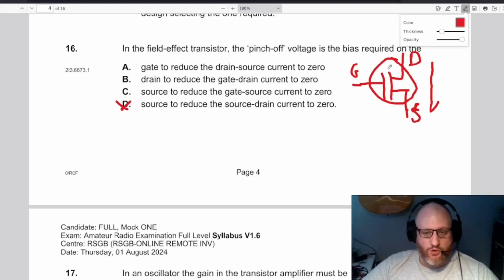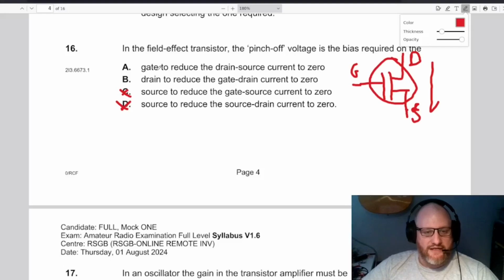There is a small capacitor here, and so it acts like there is a capacitor here. Because there's a capacitor here, we can't have current flowing from the gate to the source. That is unlike the BJT, the bipolar junction transistor, where you can have current flowing from the base to the emitter, but we don't see that with field effect transistors. So that also doesn't really check out. Let's cross that one out as well.